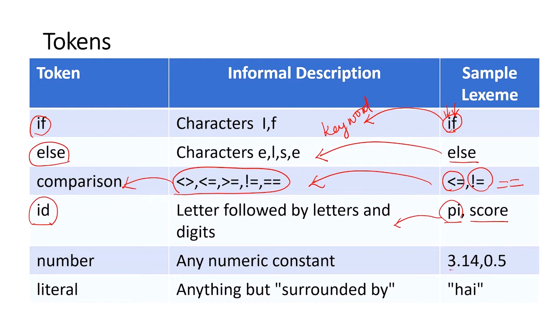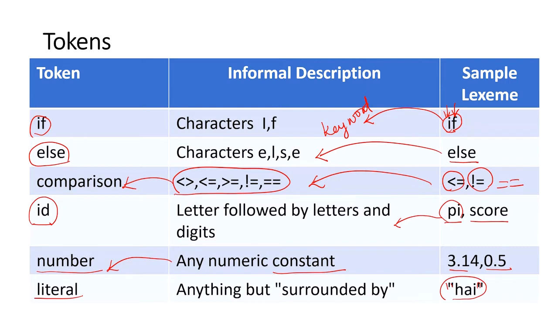Then 3.14 or 0.5 are numeric constants. So a constant is also a pattern, and the token for that constant is number. We have to specify the number as it is. Anything surrounded by double quotes is considered a literal, so we give the name literal as a token. One token for each keyword.